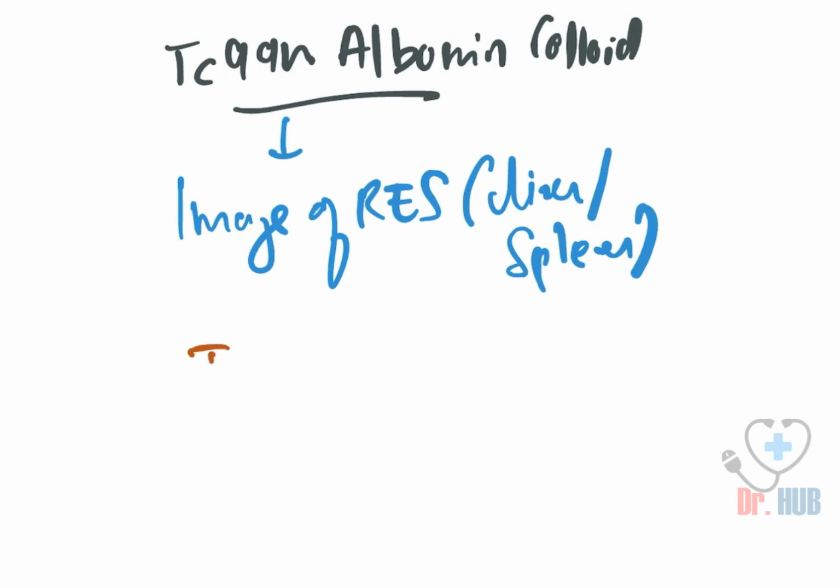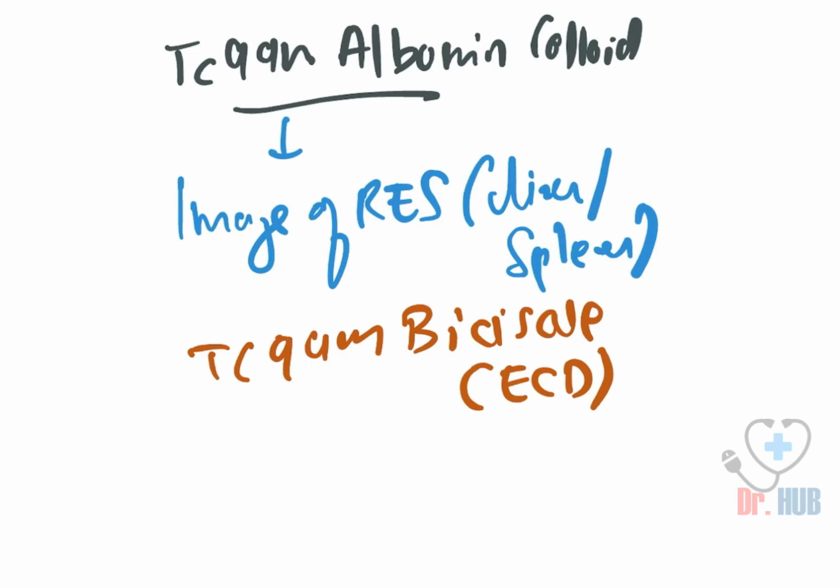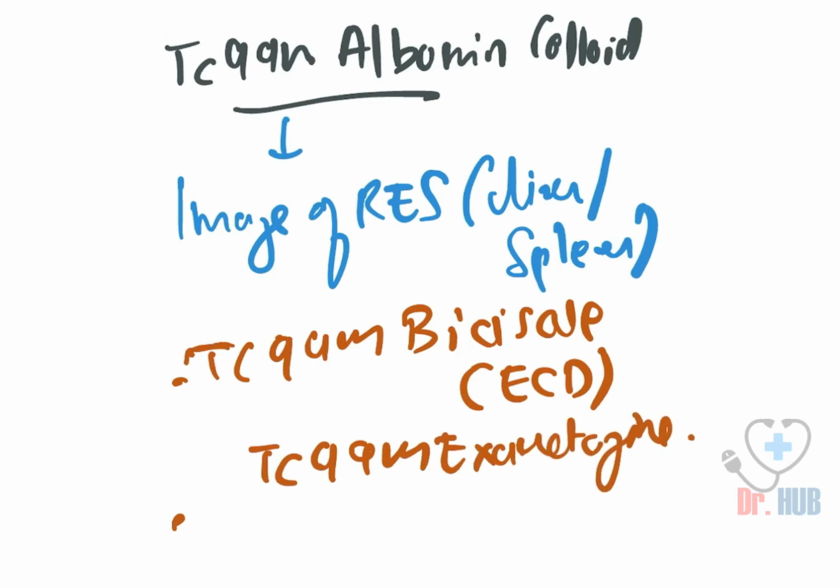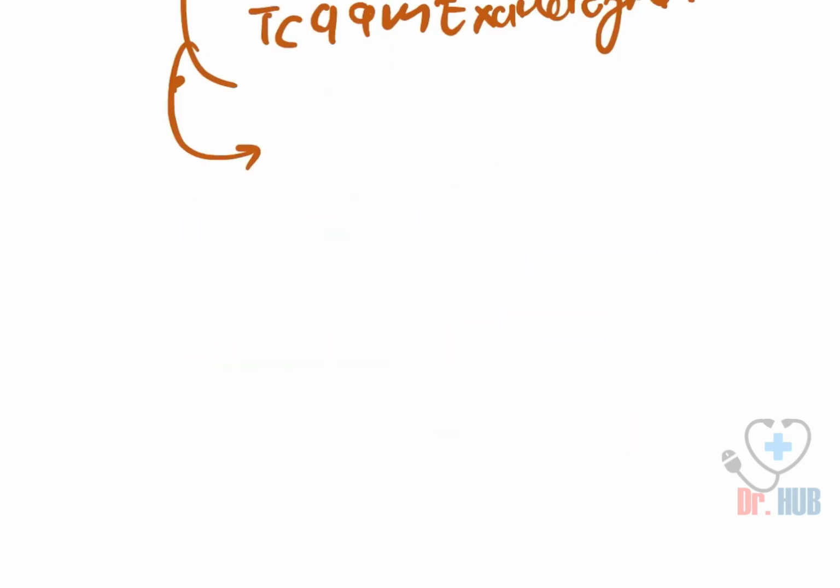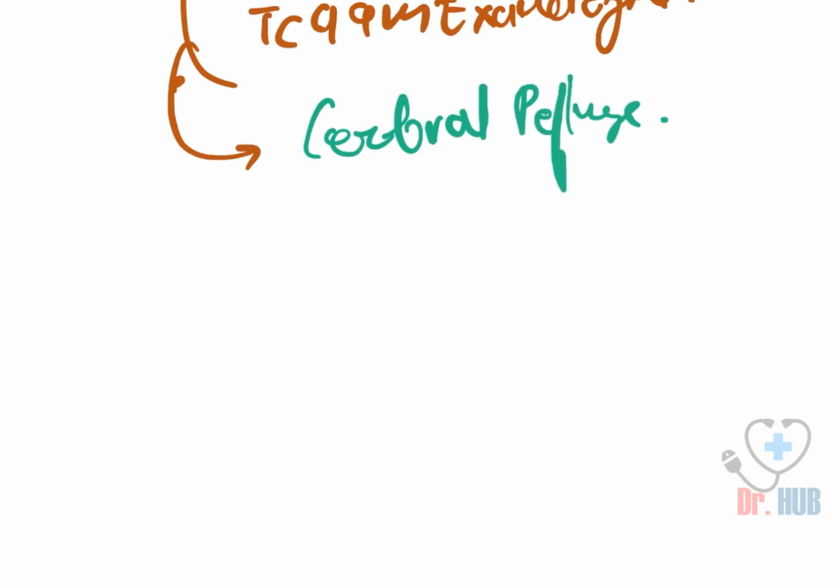Next, we see the TC99M bicisate. This is nothing but the ECD. Then we also have the TC99M hexametazine. Both of them are used in cerebral perfusion imaging. So what is used in cerebral perfusion imaging? It is nothing but the bicisate and the hexametazine.